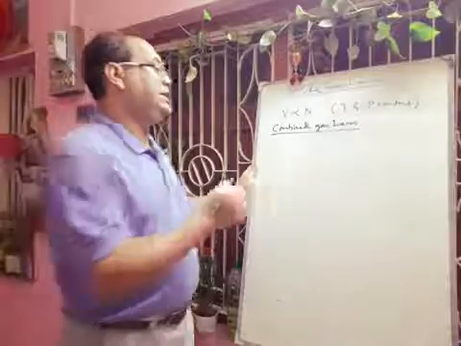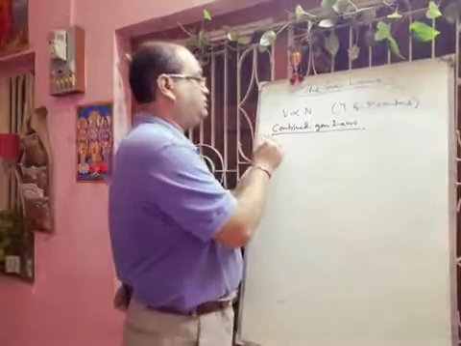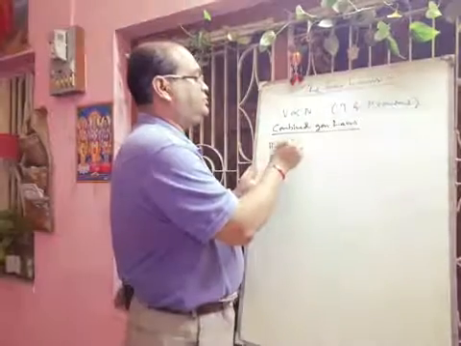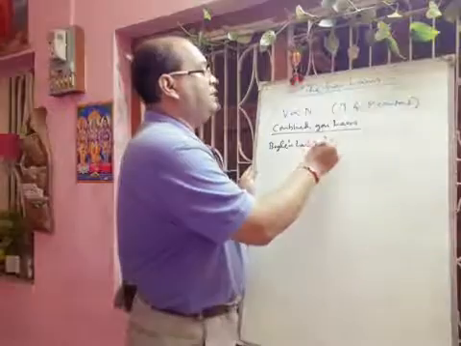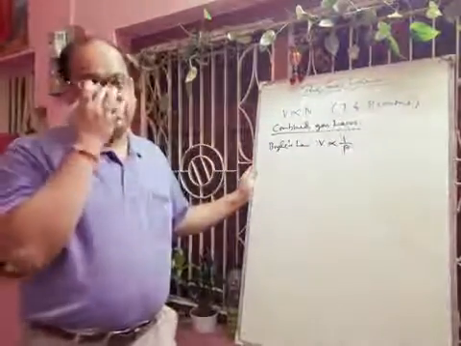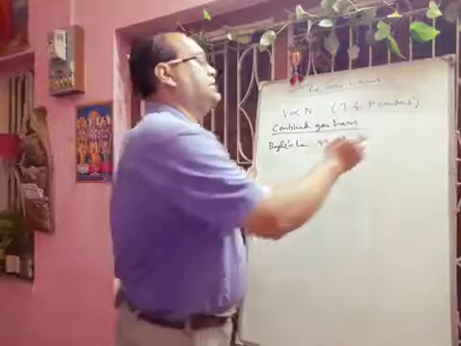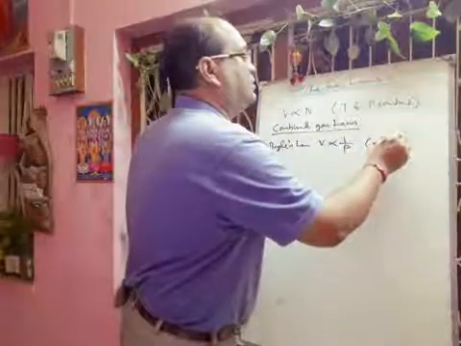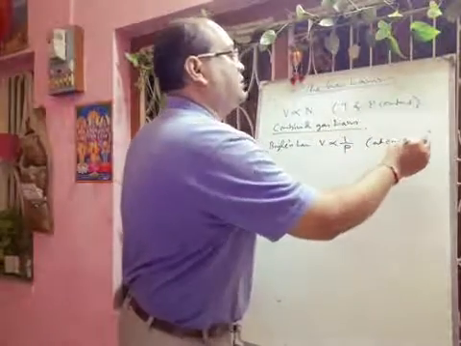So again I am telling that from Boyle's law, we are getting V varies as 1 by P, when temperature is constant, at constant temperature.